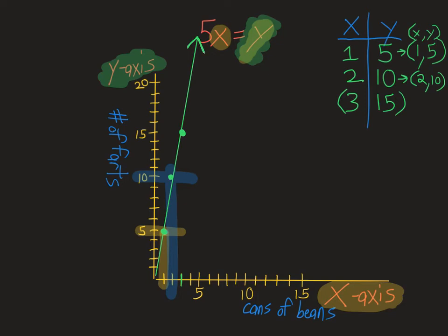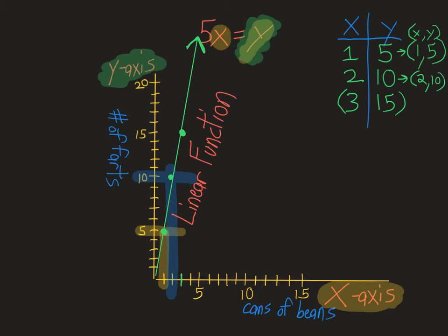Just imagine if I ate like 20 cans of beans, what would happen? I think my house would blow up. And this is called, do you guys know what type of function this is? I bet somebody did. This is a linear function. Why would we call it a linear function, do you think?